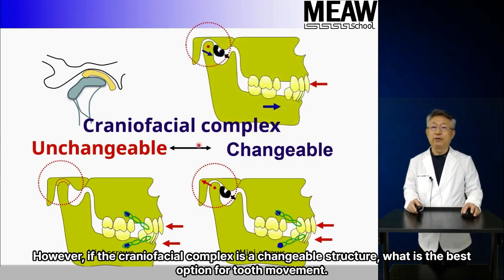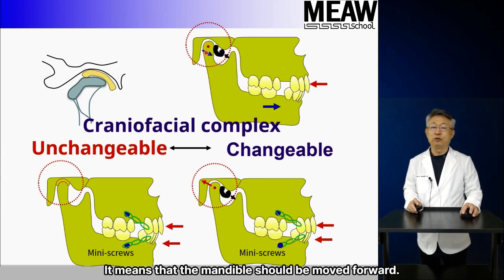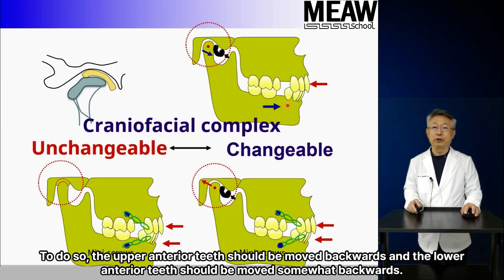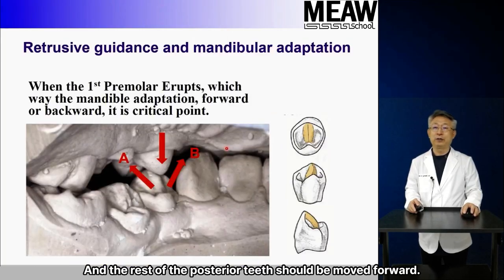However, if the craniofacial complex is a changeable structure, what is the best option for tooth movement? Like this, the compressed condyle may have anterior disc displacement. It means that the mandible should be moved forward. To do so, the upper anterior teeth should be moved backwards, and the lower anterior teeth should be moved somewhat backwards. And the rest of the posterior teeth should be moved forward.